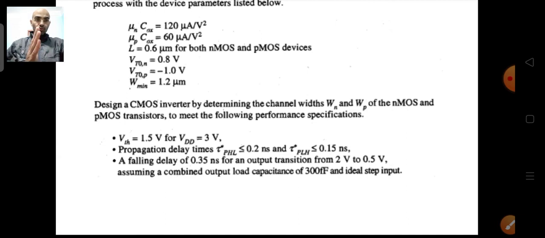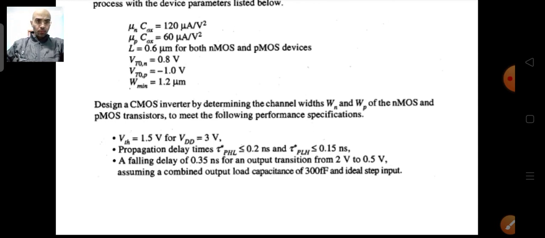So the transistor should have this fall time of 0.35 nanoseconds for an output transition from 2 volts to 0.5 volts. As we have seen, you can calculate the fall time as defined in our previous discussion, the transition from 90% to 10%, or we can also calculate it for the given conditions.